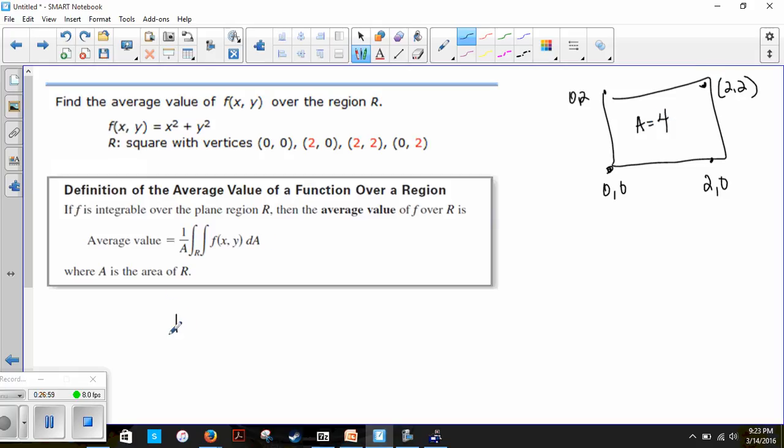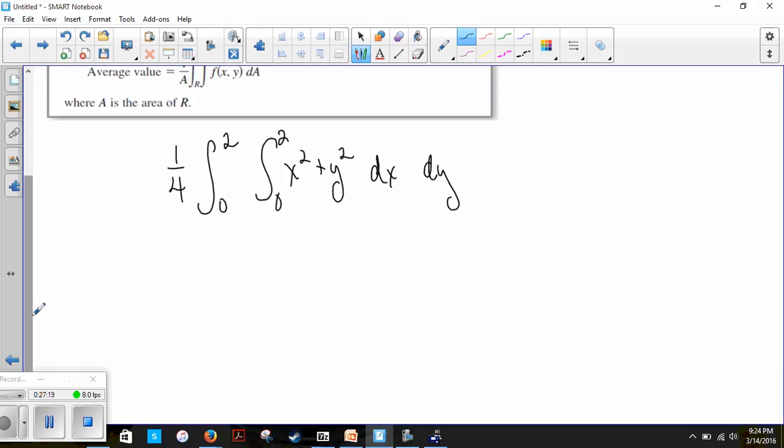Easy enough, right? So I'm going to have 1/4 x squared plus y squared. And since this one could really go either direction because I just have hard stops, we're going 0 to 2 on both. Either one really is fine. I'll go dx dy. So 1/4, 0 to 2.